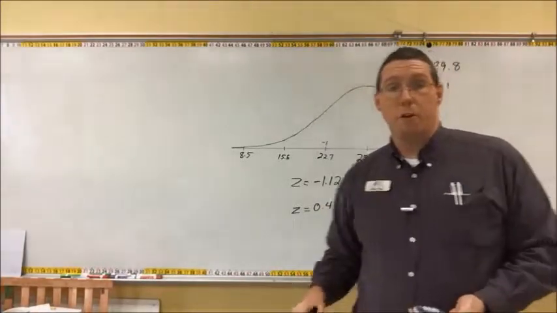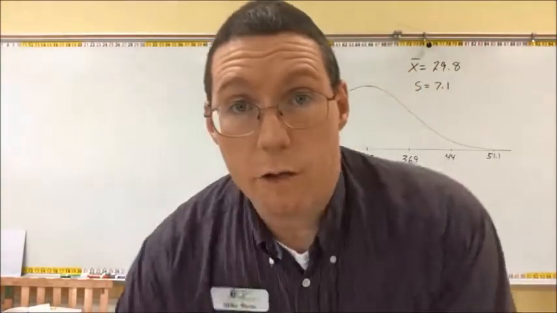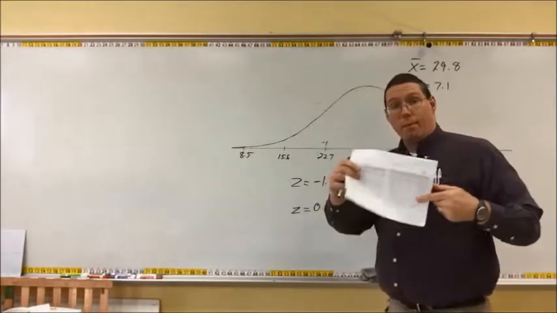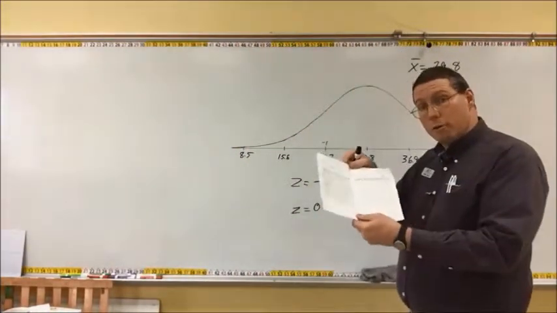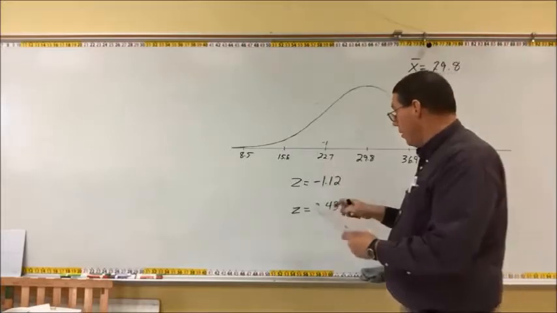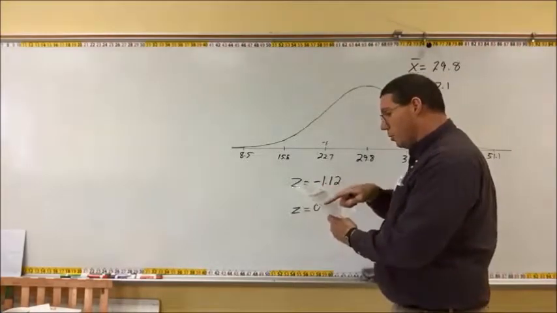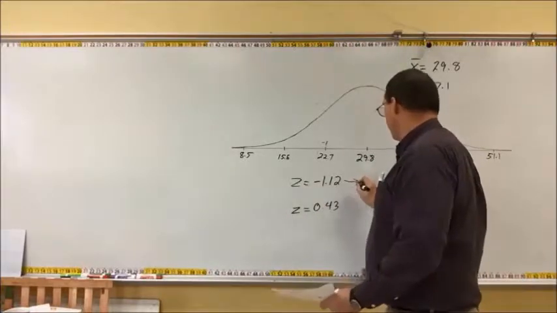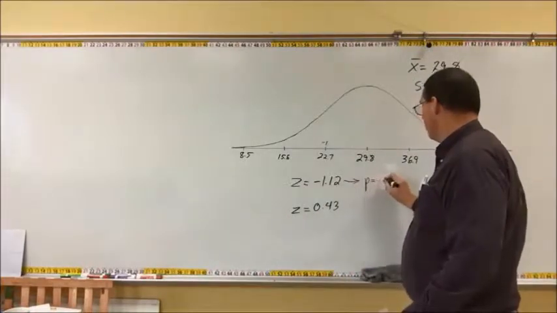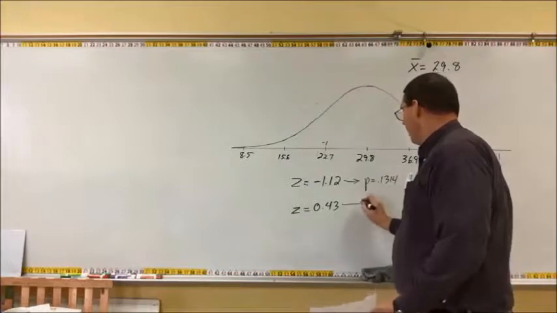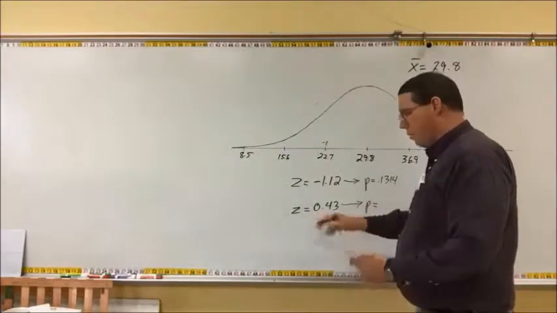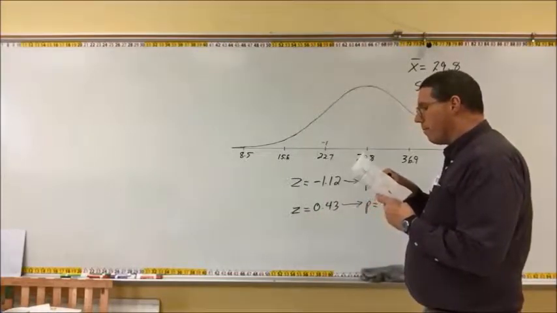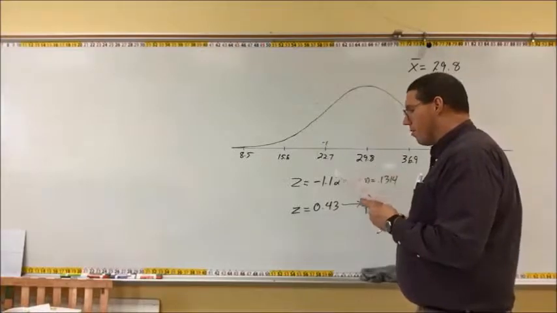Well, what we would have to do is we would look up the p-value on both of these in the table. So let's do that. I hope you have your z-table in front of you. And we're going to look up negative 1.12, and we get 0.1314. I'm going to put an arrow, so p is equal to 0.1314. And then I need a p-value for this one, 0.43, 0.6664.